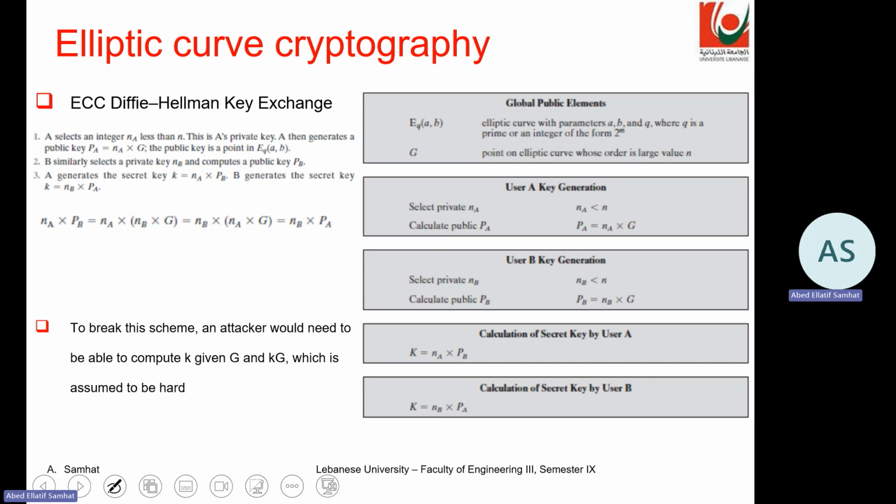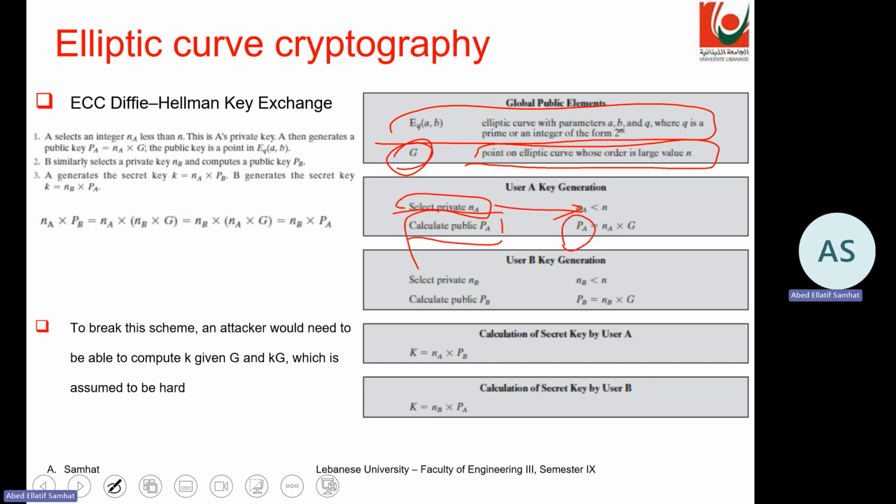So the idea here is that we have the elliptic curve parameters, which could be public, and we have a point G on the elliptic curve, and typically a large value n. We select the private key nA less than n and the public key PA such that PA equals nA times G. Here nA is the secret key, G is the point, and PA is the point.